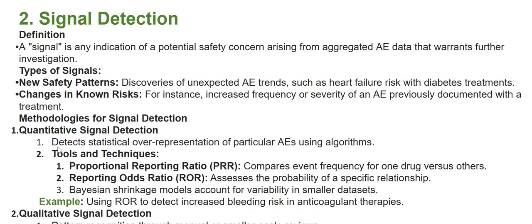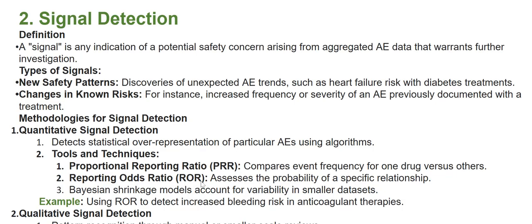Methodologies for signal detection: we have quantitative and qualitative signal detection. Quantitative signal detection detects statistical overrepresentation of particular AEs, adverse events, using algorithms. Tools and techniques: the proportional reporting ratio, PRR, compares event frequency for one drug versus others.